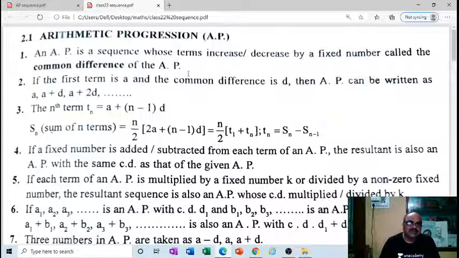First term is considered as A and common difference is termed as D. So an AP will have these two major terms in creation of a series: first term and the common difference. If the first term is A and common difference is D, then the AP is written as A, A plus D, A plus 2D, and so on.